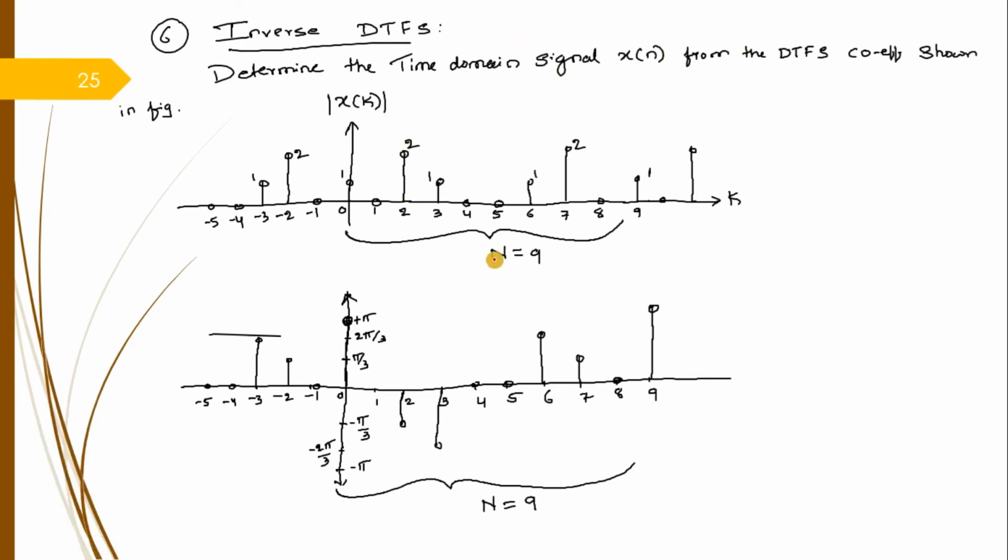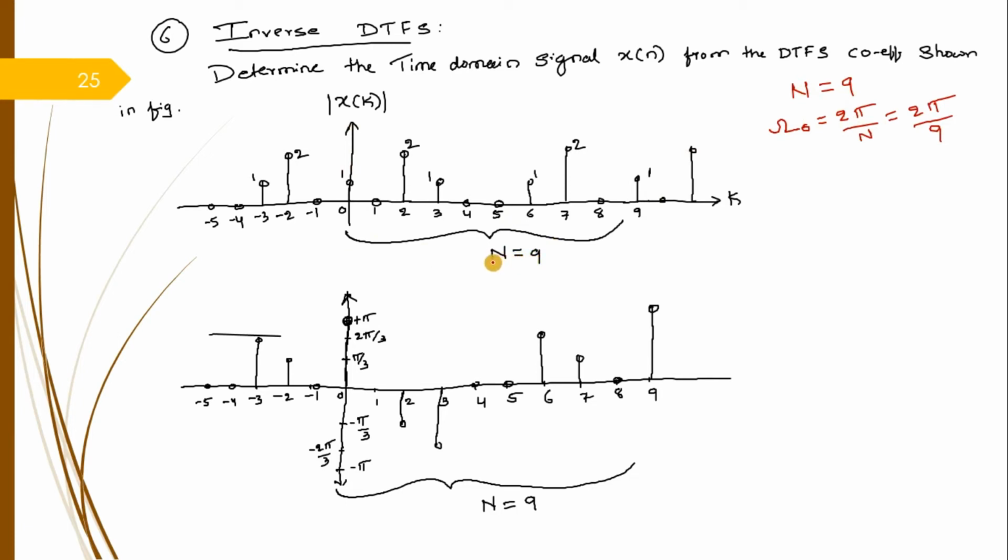First that you understand, N is equal to 9. N is equal to 9 means omega naught is 2 pi by N, or else 2 pi by 9. That is omega naught. Now you just carefully observe, N is equal to 9.